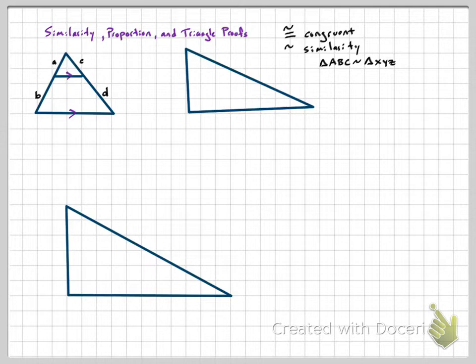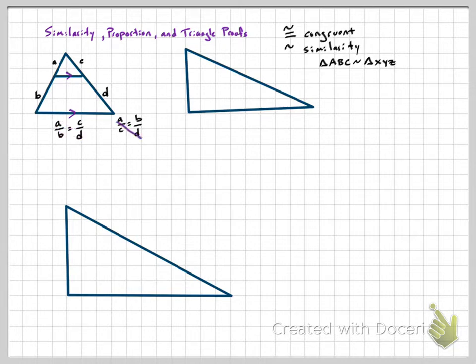Now, if that is the case, you can write proportions. Remember, proportions are two ratios that are equal, like a fraction equals a fraction. You can write the ratios in two different ways, and you still get the same answer. I can write A over B equals C over D, or I can write A over C equals B over D. Because when you compare those two proportions, when you cross multiply, the same things are getting multiplied together.